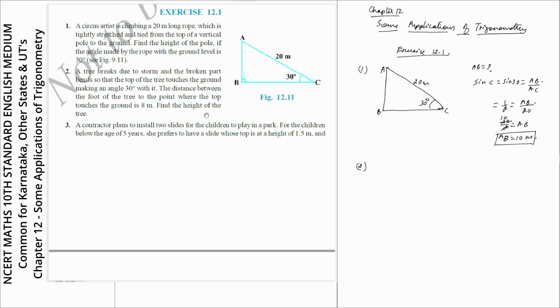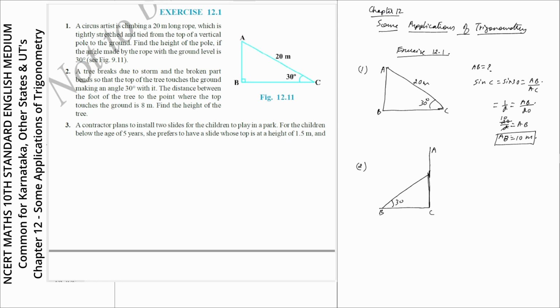So there is a tree. AC is the tree. Due to storm, the tree will get cut at this point, and it's going to fall this way, and makes an angle of 30 degree here.